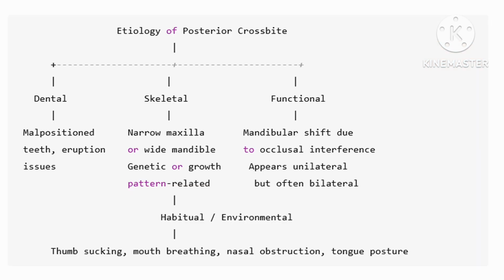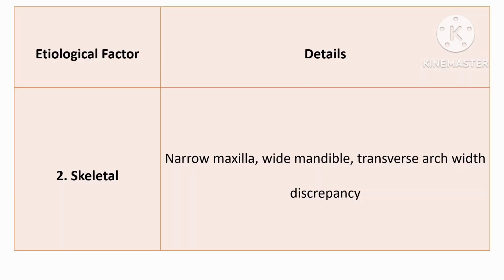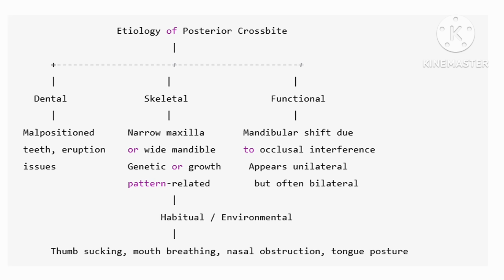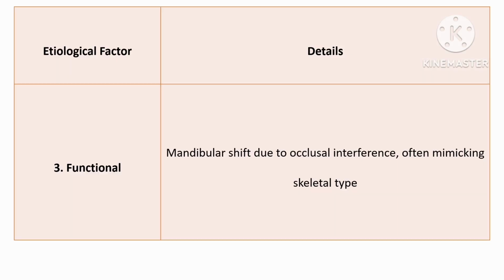Skeletal factors involve transverse maxillary deficiency. Occasionally there may be a widened mandibular arch or an arch width discrepancy between maxilla and mandible, which may be genetic or may be linked to craniofacial growth pattern.